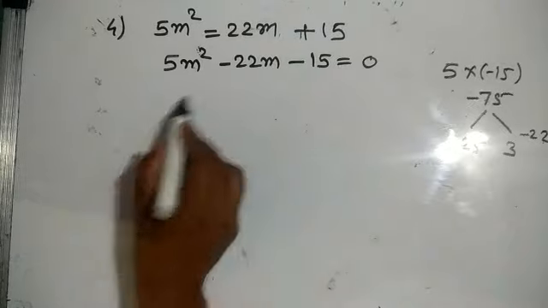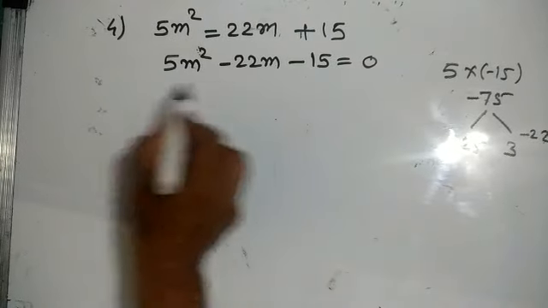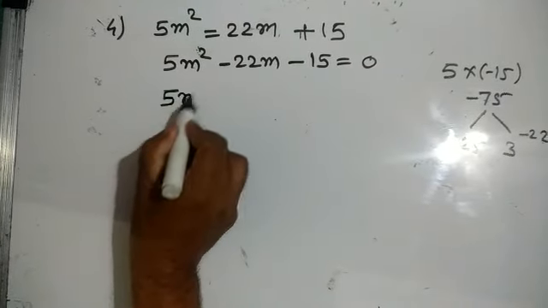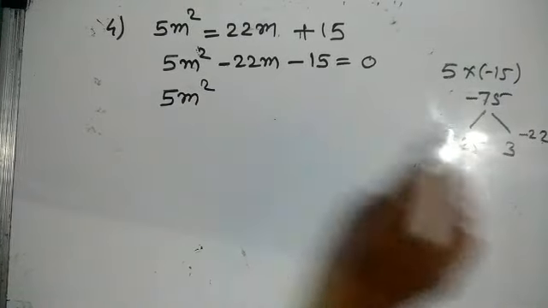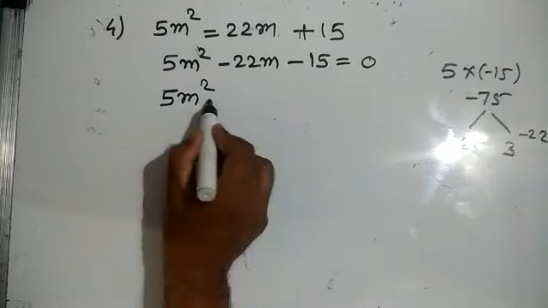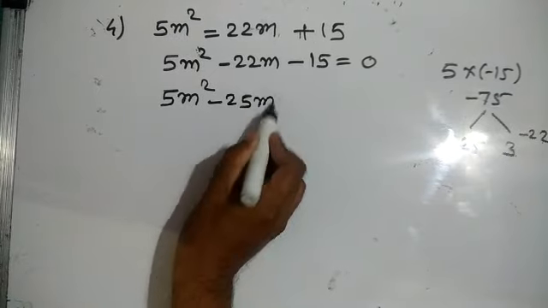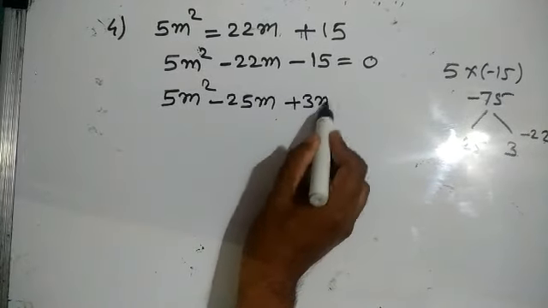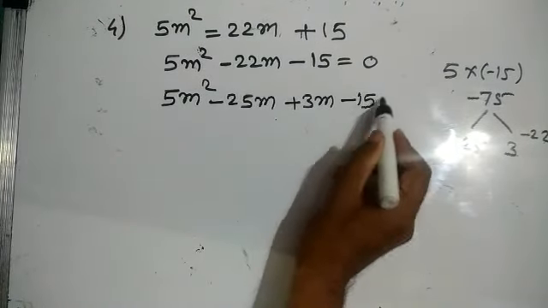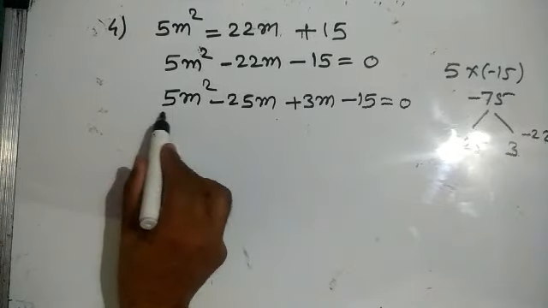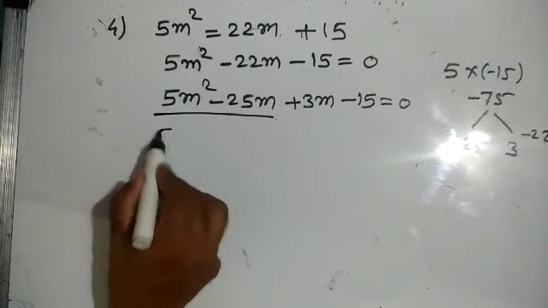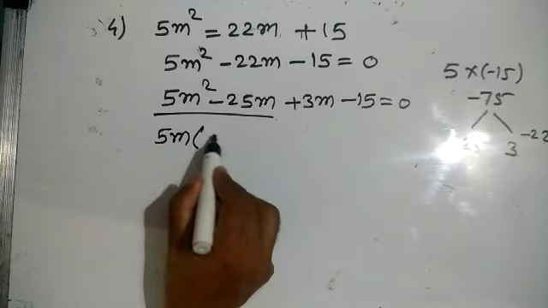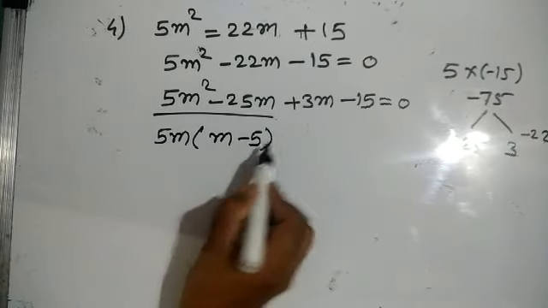Then write down the next step, 5m square. Split this by using these two numbers, minus 25m plus 3m minus 15 is equal to 0. Take 5m common from this, m minus 5.